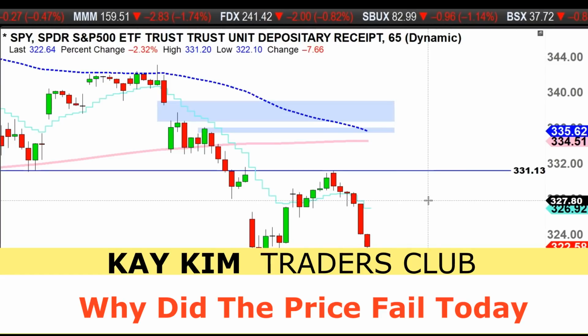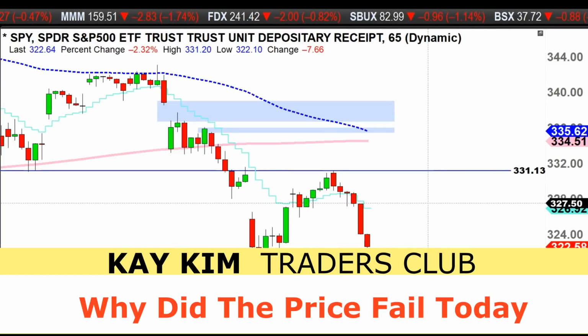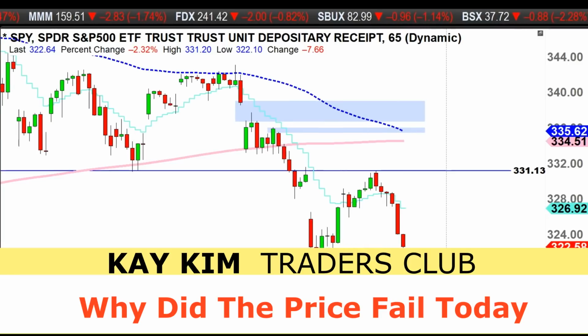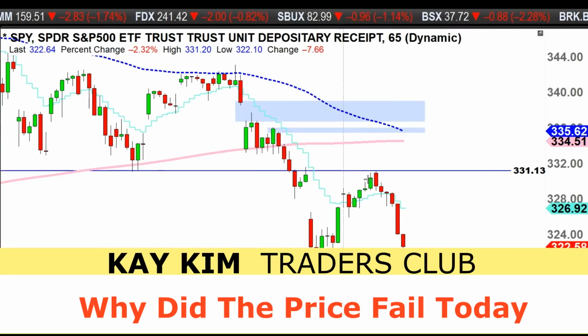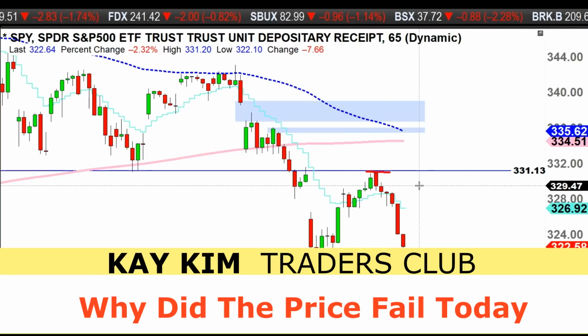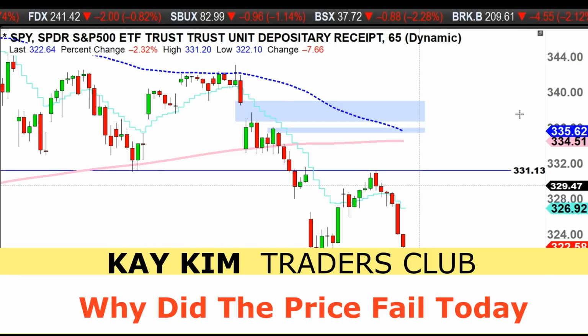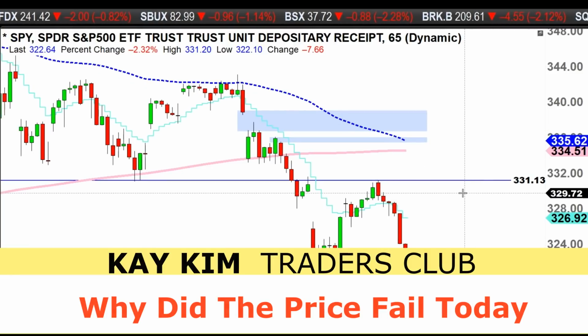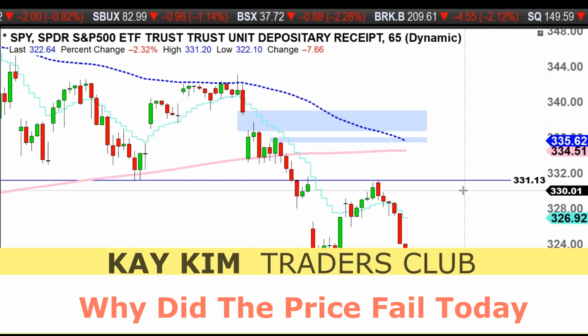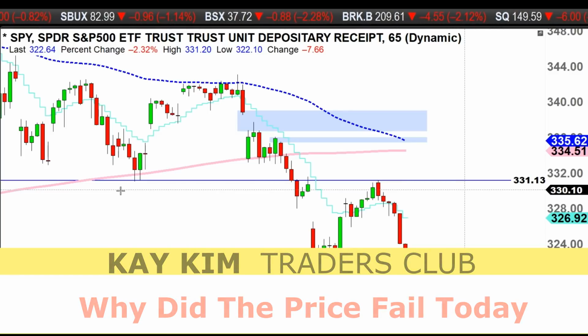So we talked about this level yesterday, right? We talked about how we did see some bullish run, but bulls are going to need more, right? And this is the kind of thing you're going to see happening in a downtrend, which we're seeing in the short to midterm.